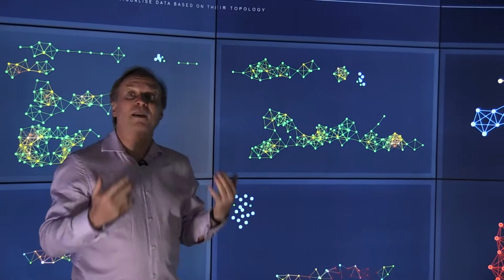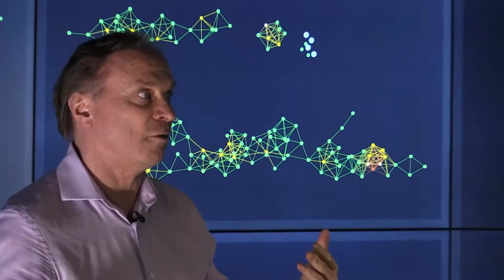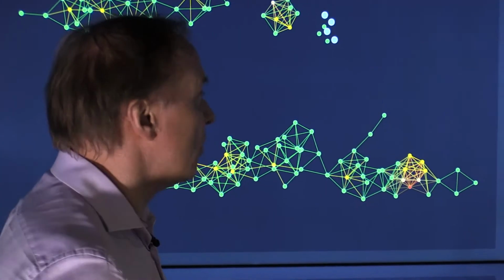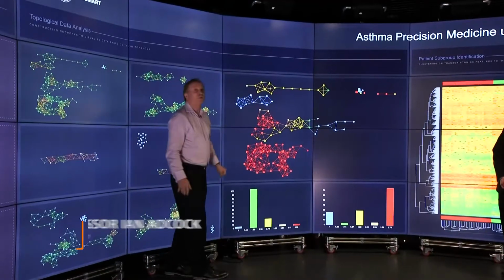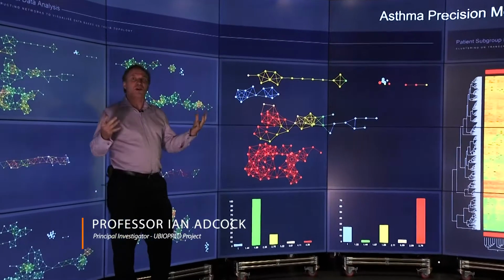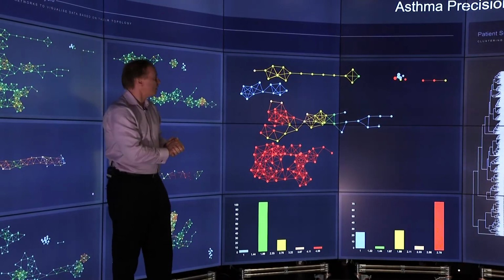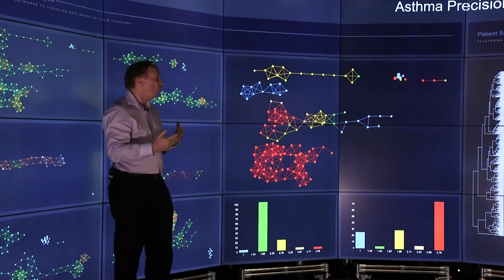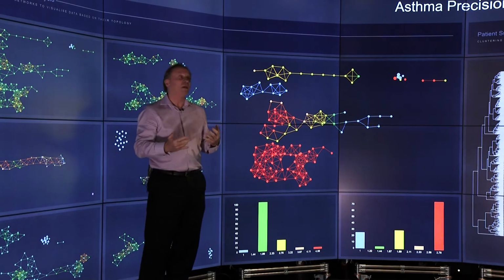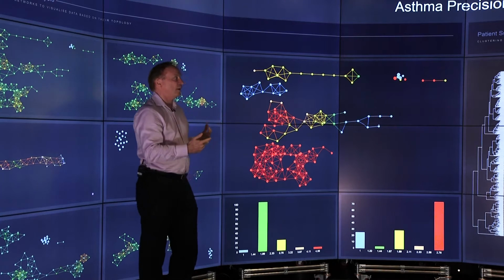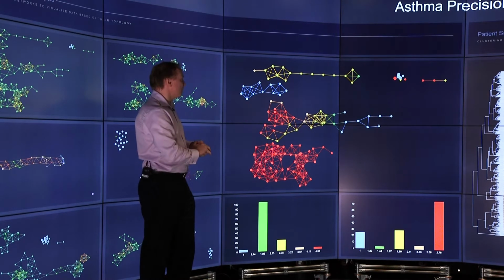So we can use alternative approaches to analyze the data to try and define those subgroups of patients within each TAC. So here we're using topological data analysis, which looks at the structure of the data rather than the individual data that we see on the heat maps, to try and explore what might be driving those different groups of eosinophilic TAC1 patients, for example.